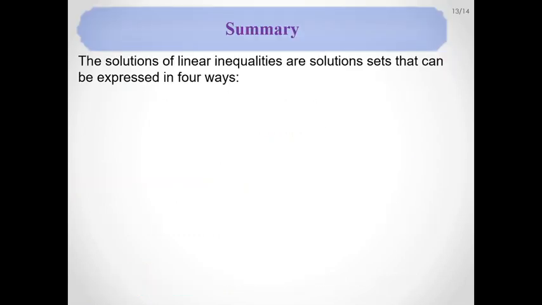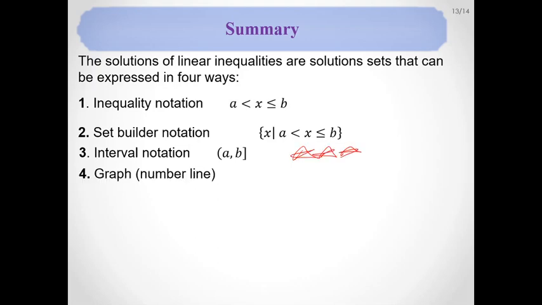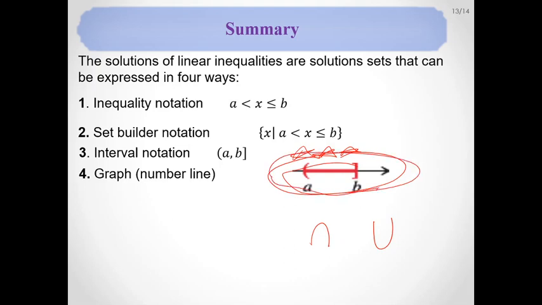As a summary, these are the important highlights. One, inequality notation: you have to know it, and you have to know the set-builder notation and the interval notation. This is very important; you will use it a lot. And the graphs: you have to know them when doing the intersection and union. You will visualize them and then do the intersection or the union of the intervals by using the graphs.